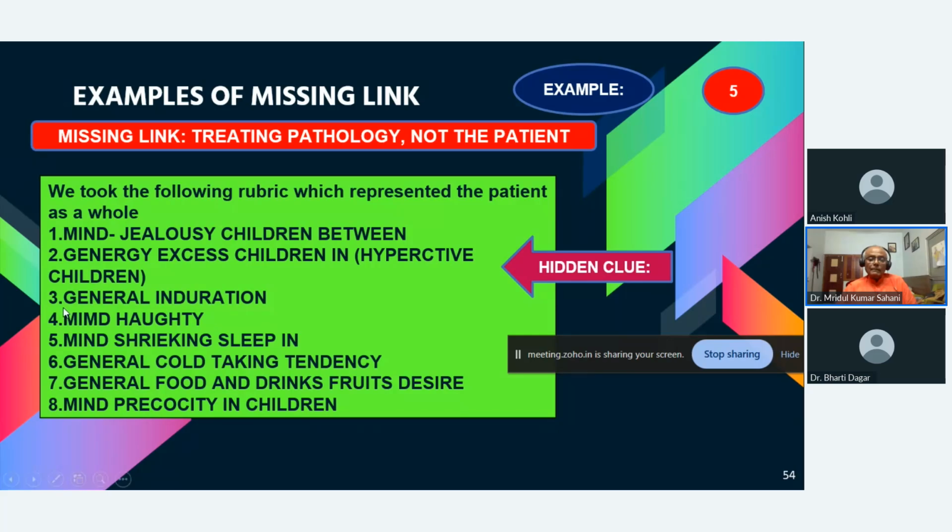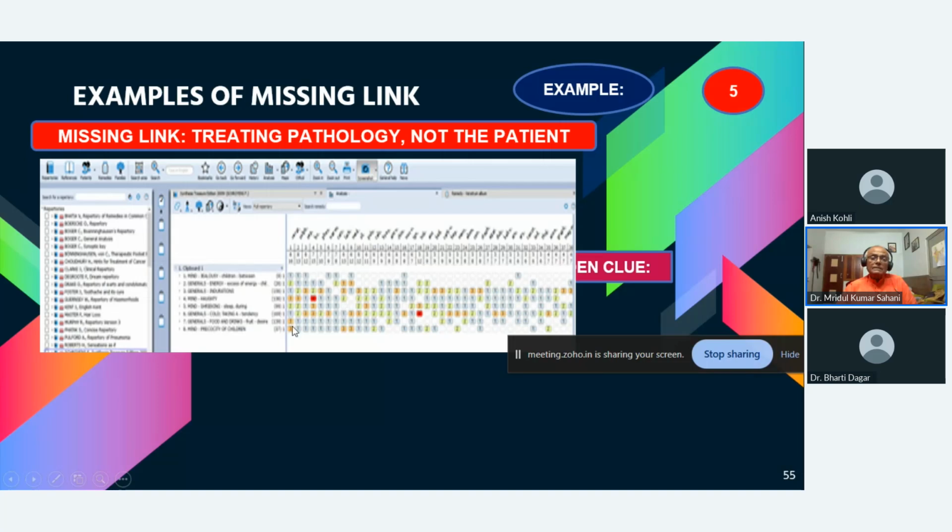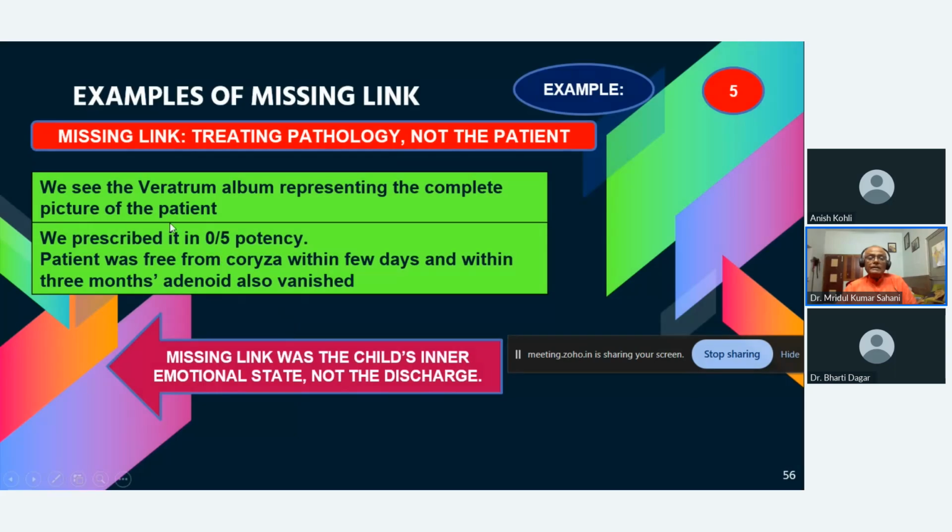So we took precocity in children, and the medicine emerged, as you can see in this repertorial chart, and Veratrum album was the medicine. It represented the complete picture. We prescribed it in 0/5 potency.